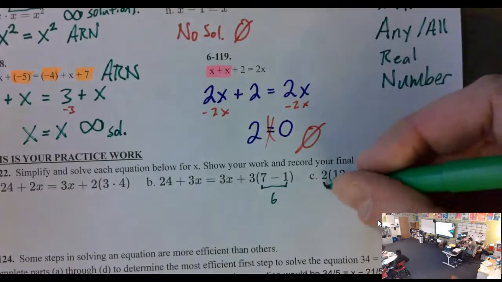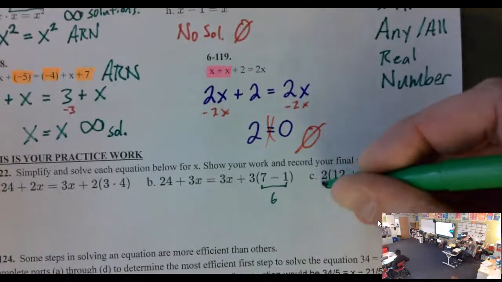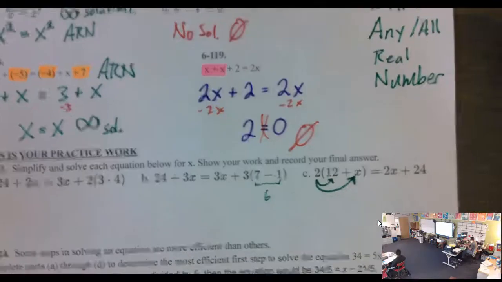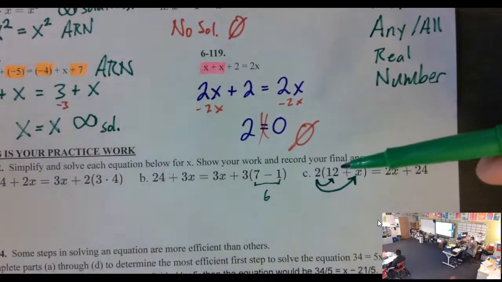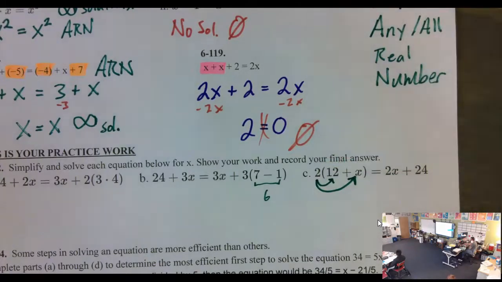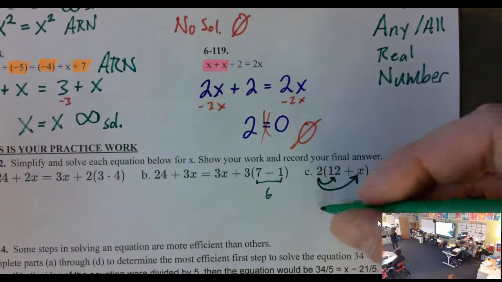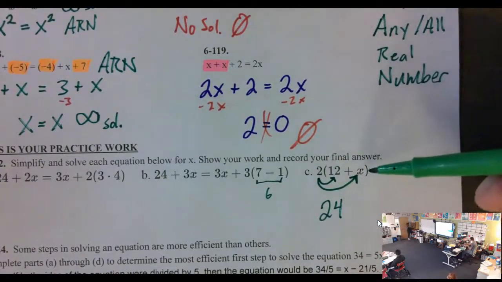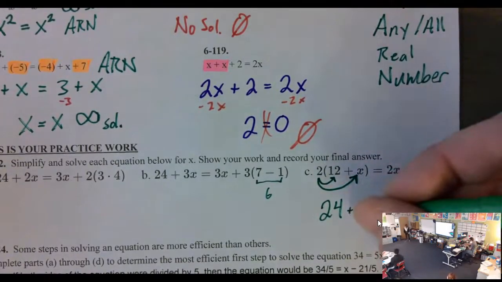No, so this needs to distribute. Hey, I'm like doing C for you. What's 2 times 12? 24. What's 2 times x? 2x.